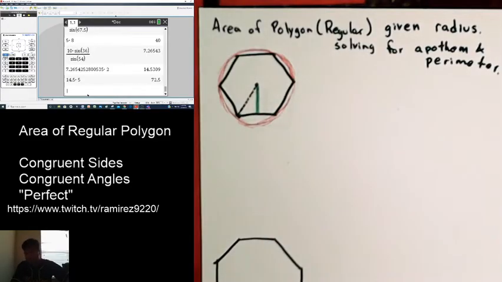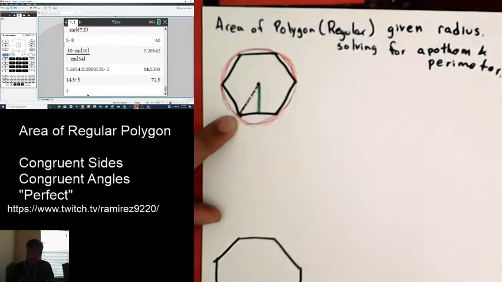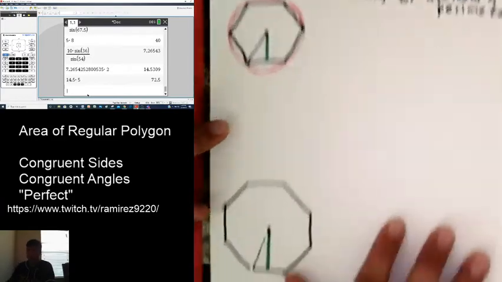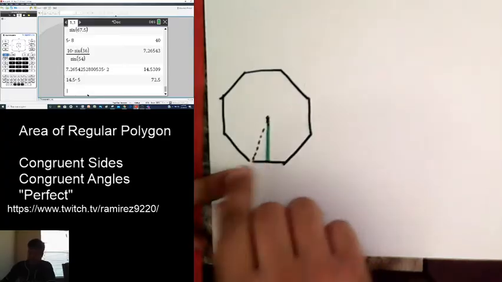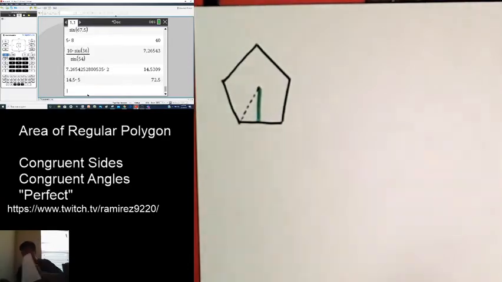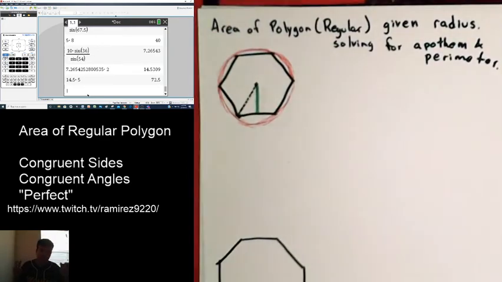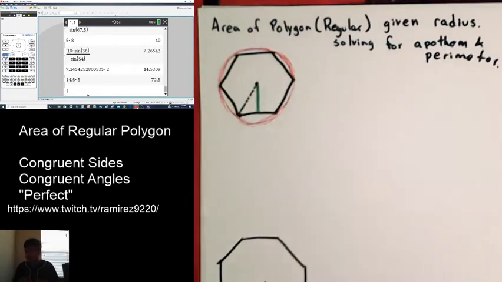Please understand that when we connect to a corner, any corner, whether it's in a hexagon, an octagon, or a pentagon, if you're connecting to a corner, that is your radius. All right, so let's get started.